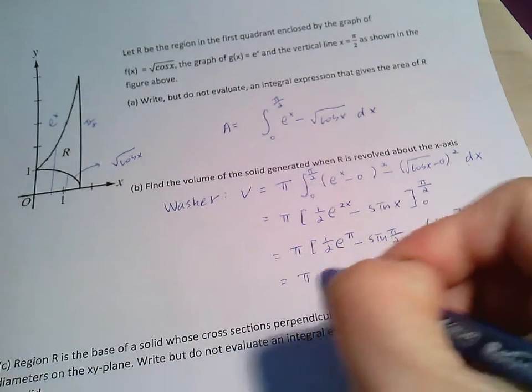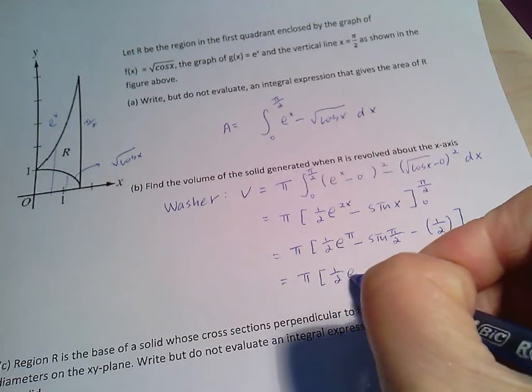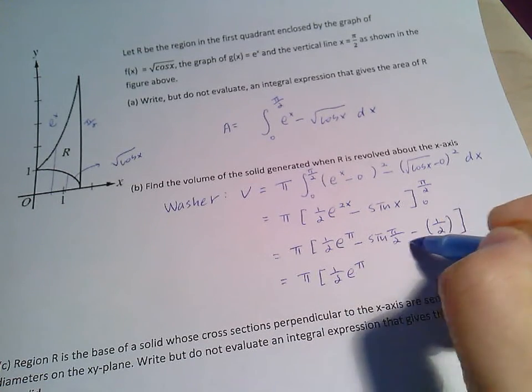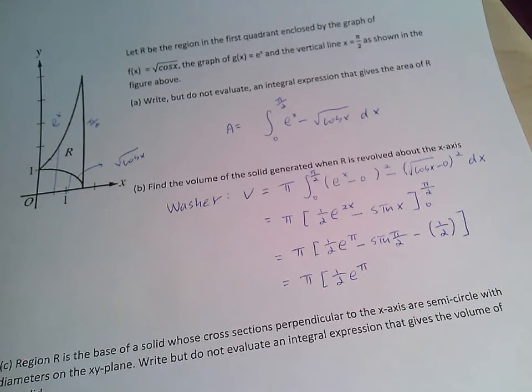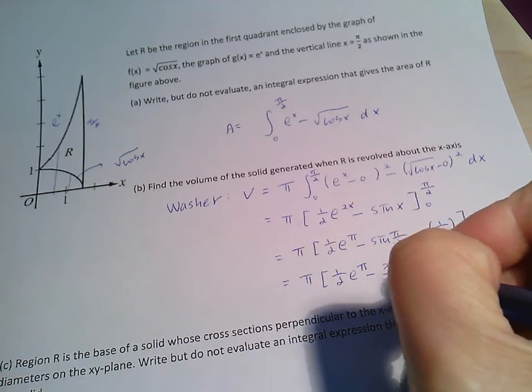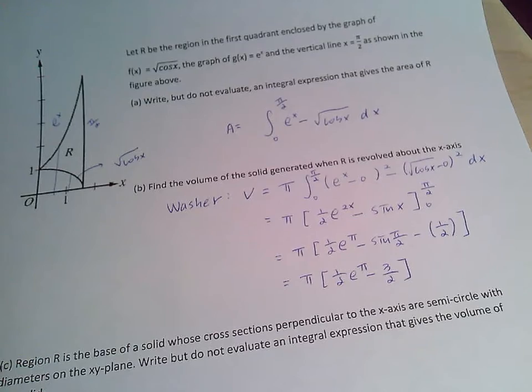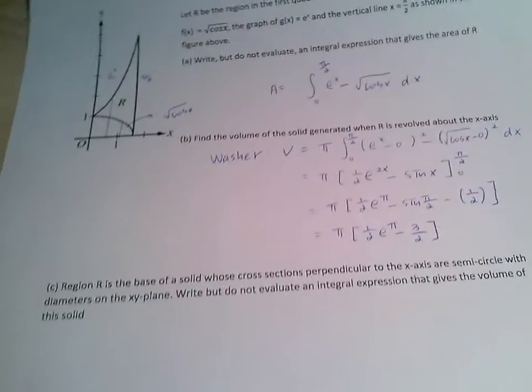So now we have pi times (1/2 e to the pi minus sine pi over 2). We know sine pi over 2 is 1. So 1 minus 1/2 is 3/2. So that's the answer for the volume.